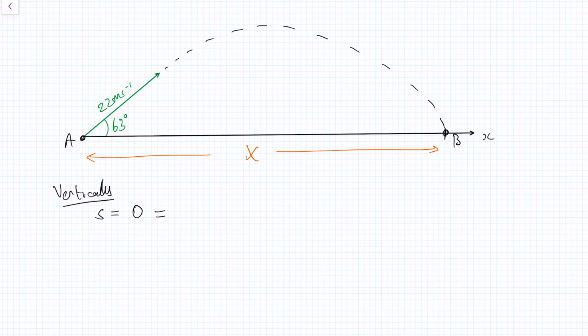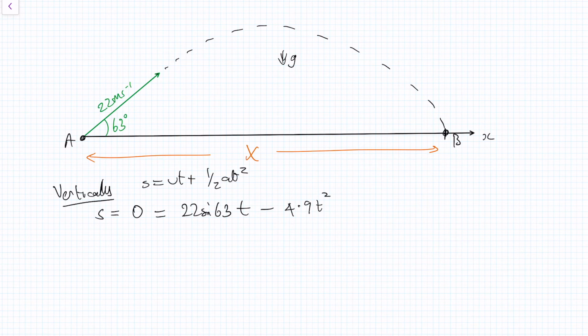Now, what is u? u is 22 sine 63. If we say u is 22 sine 63, that means we've already taken acceleration to be negative, so that is 9.8. So I'm using s is equal to ut plus half a t squared. We can use this because we're assuming acceleration to be constant.